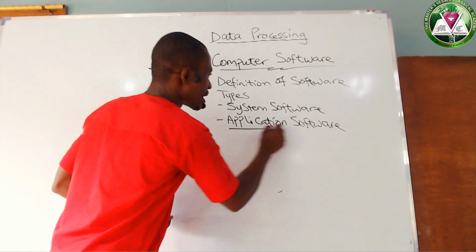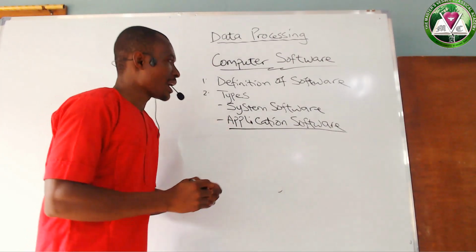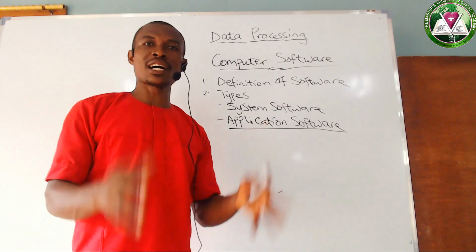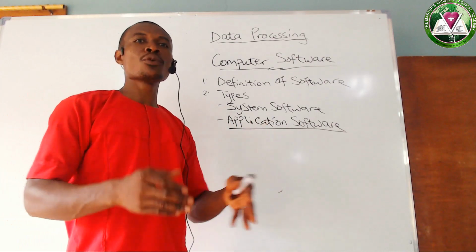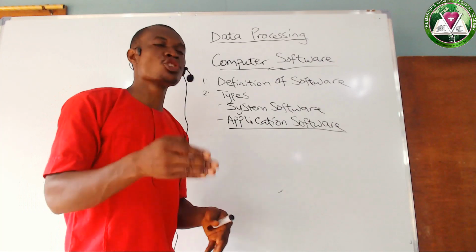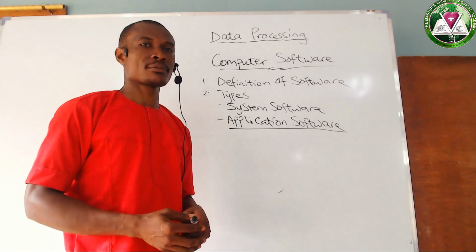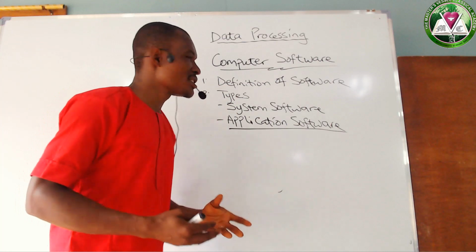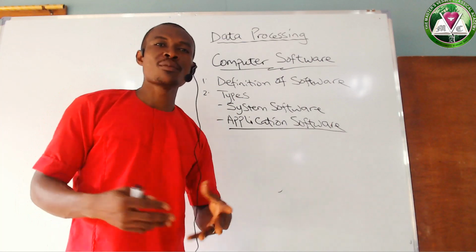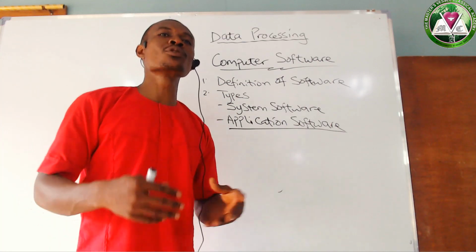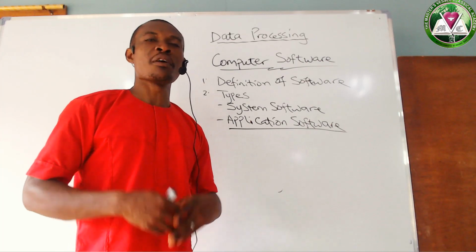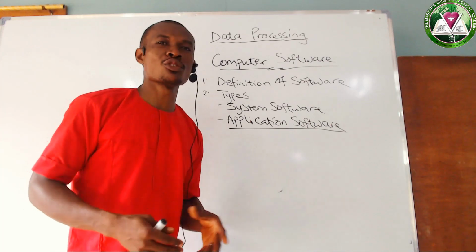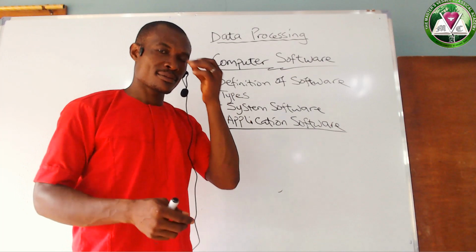Application software are programs that enable the computer to do a specific job for the user. Or you can say an application package is a set of instructions that enables the user to perform a specific function using the computer.